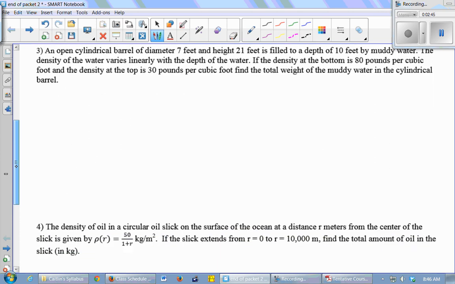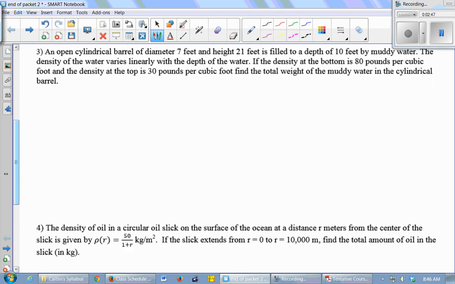So here's an example. We have an open cylindrical barrel. You guys can grab some notes right there. We have an open cylindrical barrel that's diameter 7 feet, height 21 feet, and it's filled to a depth of 10 feet with muddy water. So I'm just going to draw a quick picture.